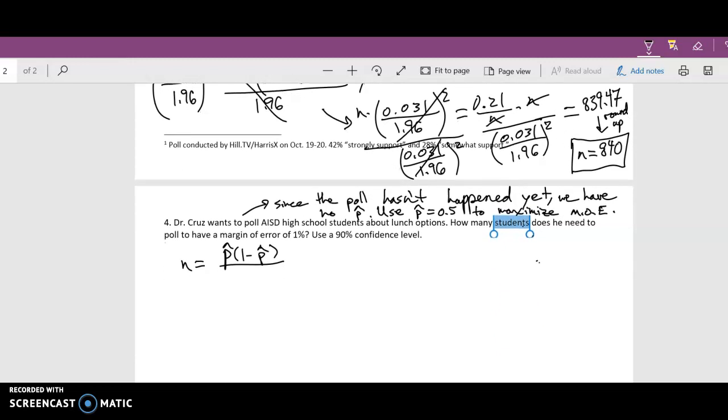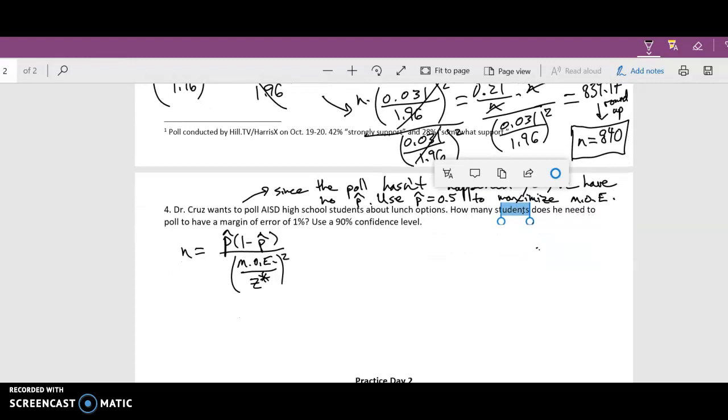You don't have to do that, but you can, and if you did, you would get this. So I'm using the same equation we used in the last problem. In fact, you can see this is margin of error divided by z star squared, and this is p hat times 1 minus p hat. It was 0.7 times 0.3, I think. Yeah.